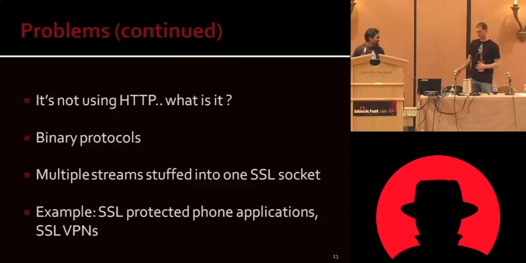Right. So one of the things that we encountered was an application that was stuffing a bunch of TCP streams inside of an SSL stream. So, kind of like a VPN, but not exactly. Some remote display technology, essentially. And with Mallory, one of the first things we did was tell it to man-in-the-middle this port as SSL traffic.